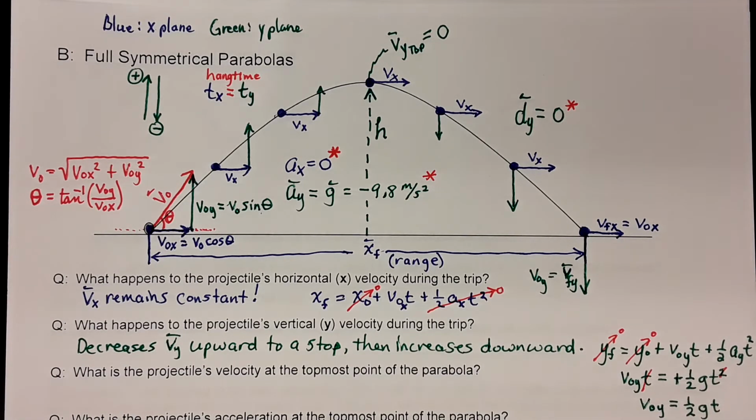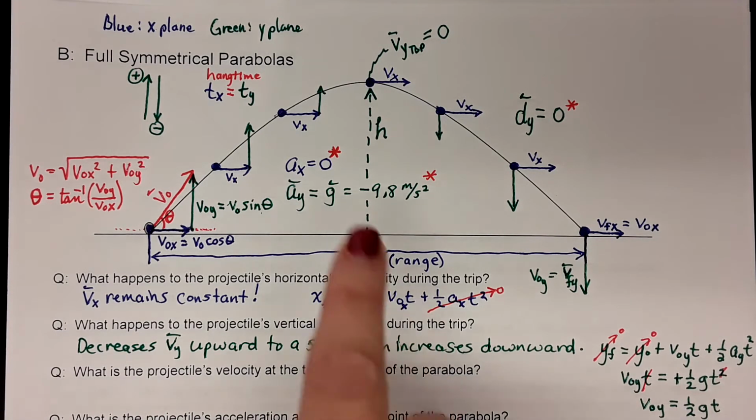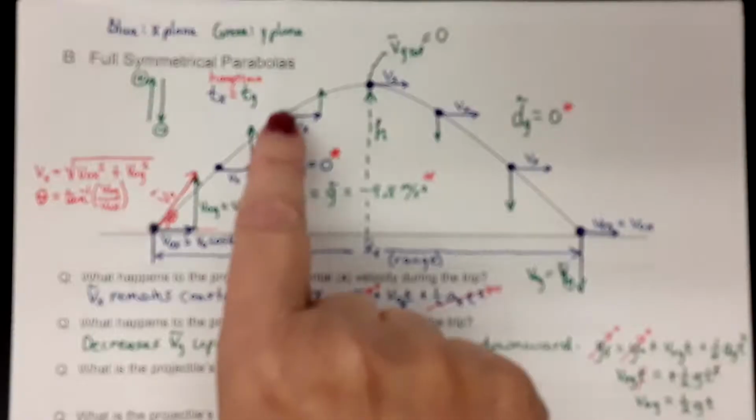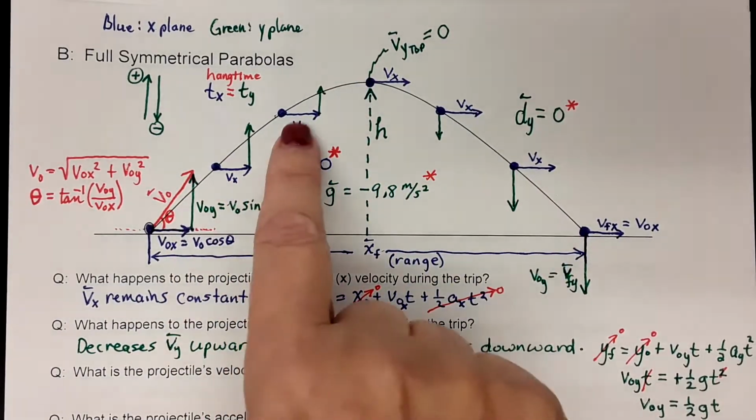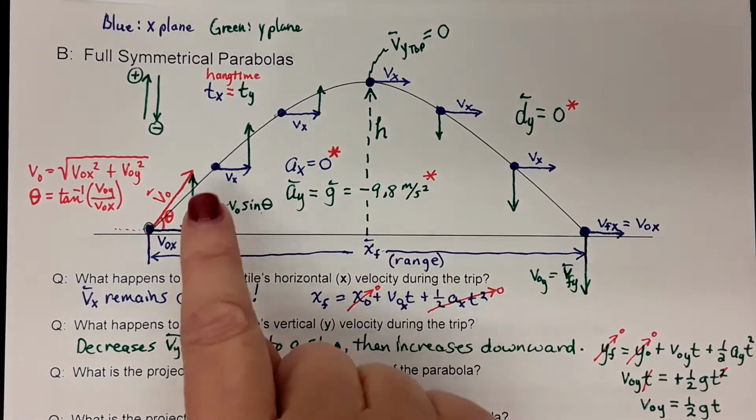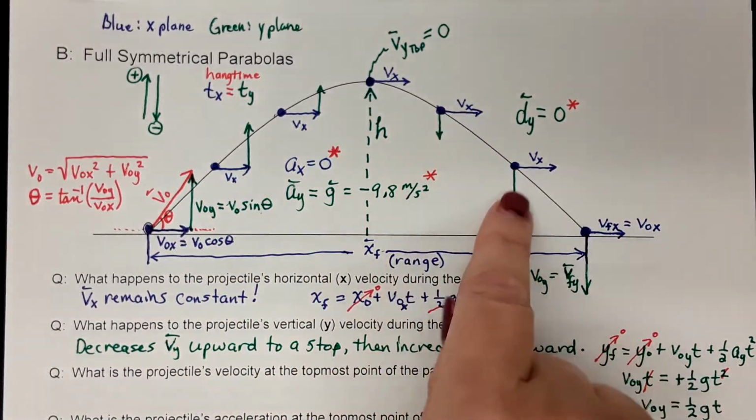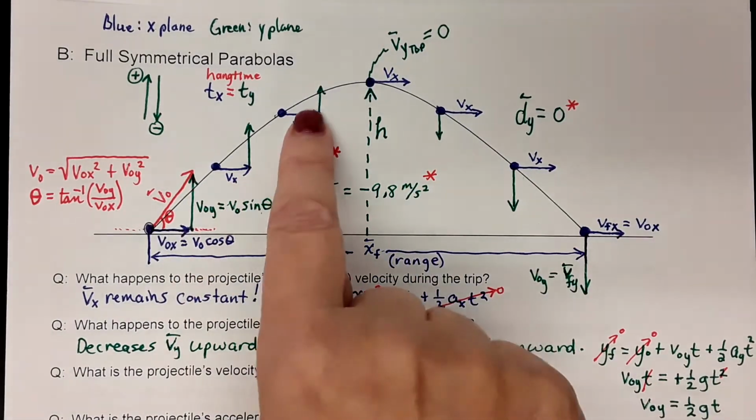Okay, now let's answer some other little questions of important things you need to know about this situation. Notice it says, what is the projectile's velocity at the topmost point of the parabola? Well, let's look at it again. Look at all these points. Notice that at each one of these points, the ball has two different velocities. It has an x and a y.